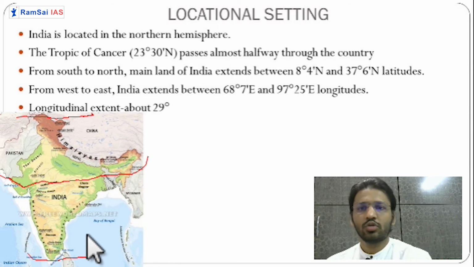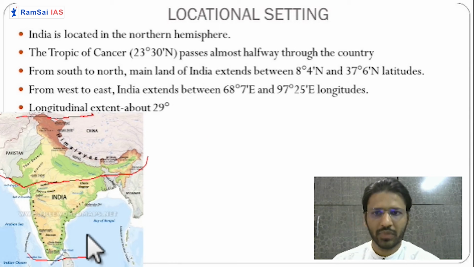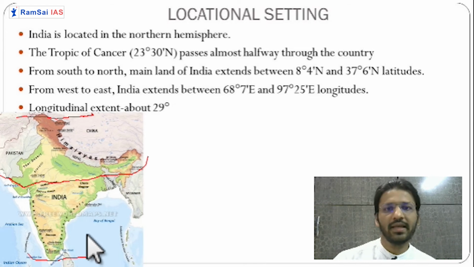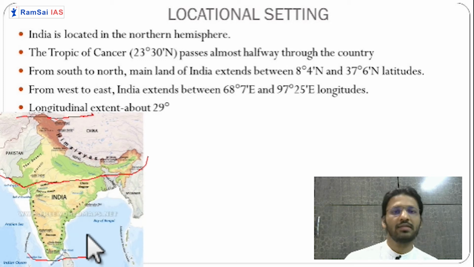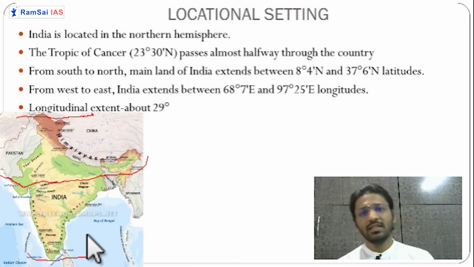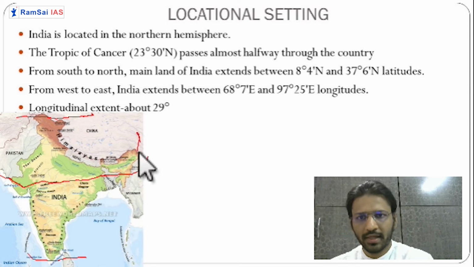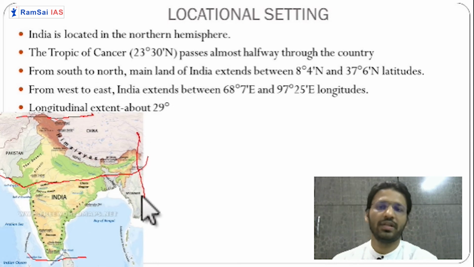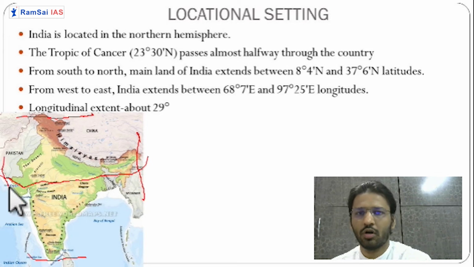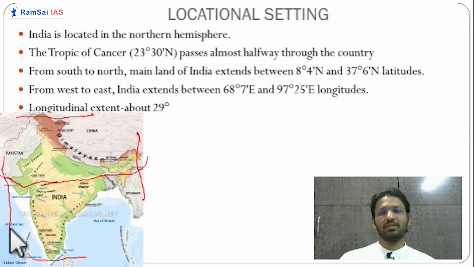Then east to west. If we see the overall extent, let us say 8 degrees 4 minutes is reduced from 37 degrees 6 minutes, so almost 29 degrees of north-south extent. East-west extent, if you see: the easternmost point is 97 degrees 25 minutes and the western point is almost 68 degrees 7 minutes.